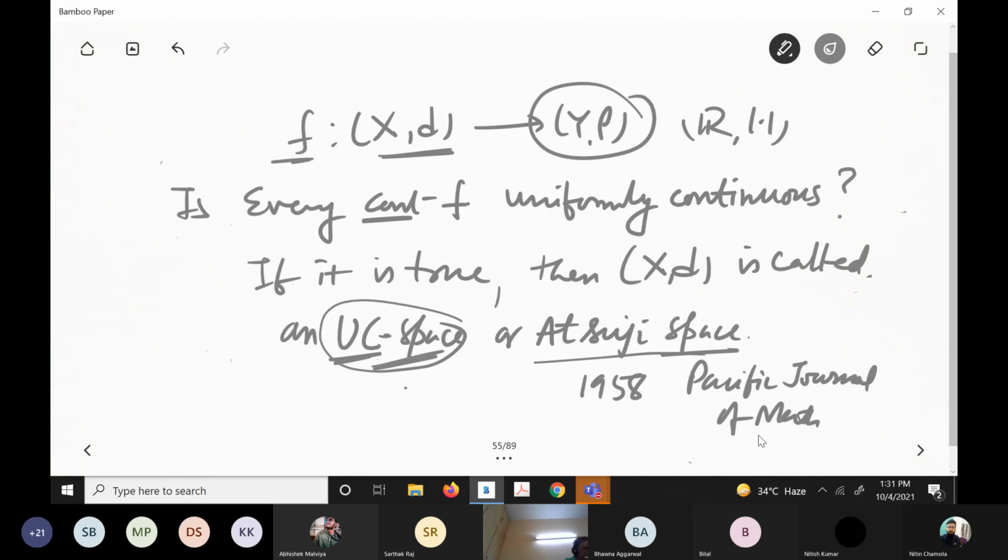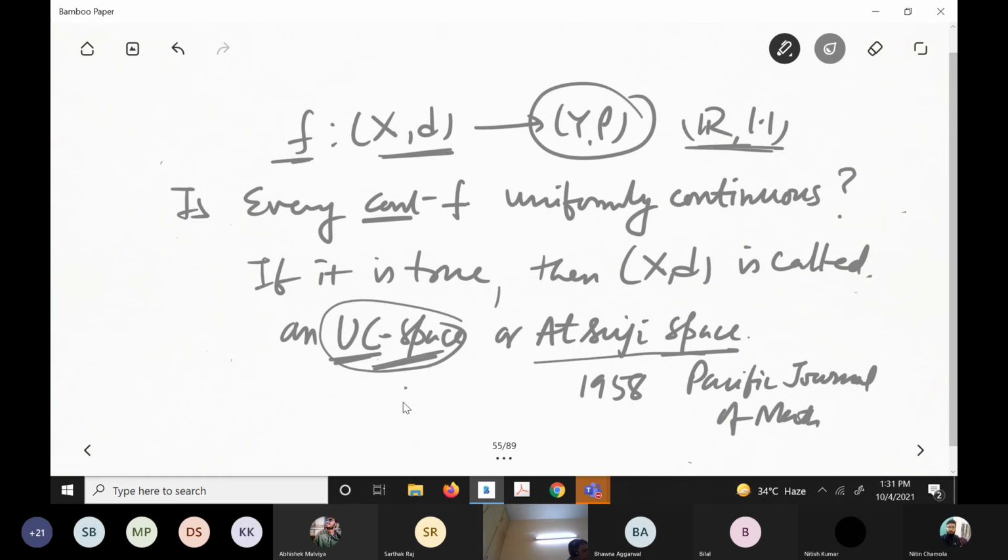When it appeared in a good journal, people looked at it very carefully, and that is why some people started calling it an Atsuji space. Here, I told you this can be replaced by any real metric space. That is definition 23. So this is called an Atsuji space.